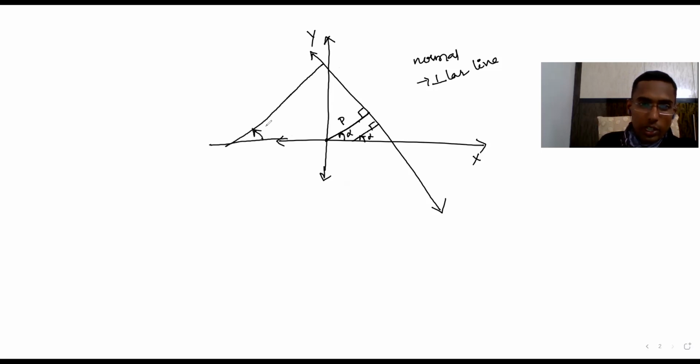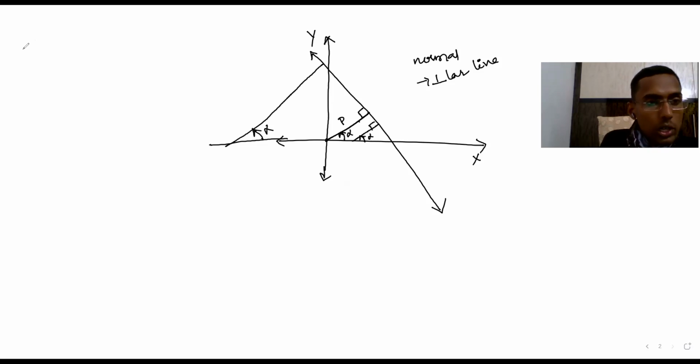So corresponding angles are always alpha only. The normal makes alpha angle with positive direction of x-axis, again measured in anti-clockwise direction. We are drawing a perpendicular to the line, and that perpendicular line makes alpha angle. Hope you understand this information.